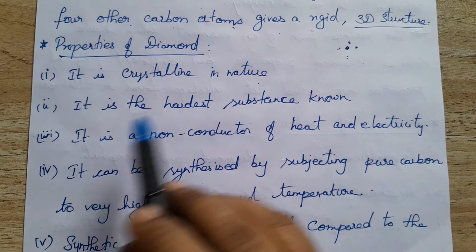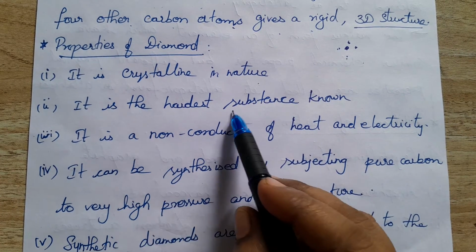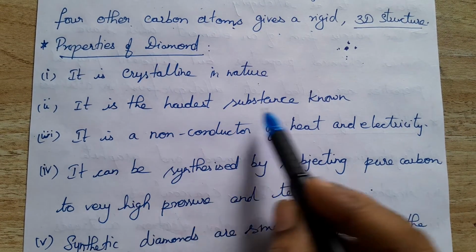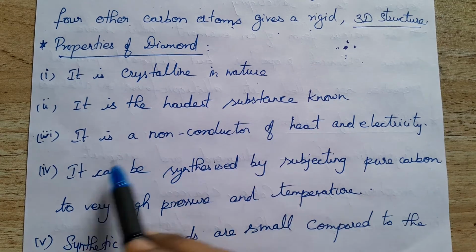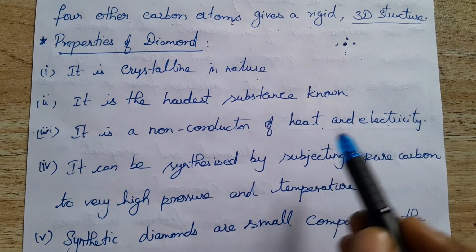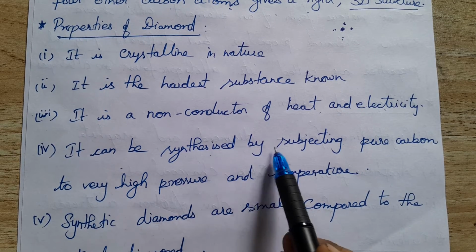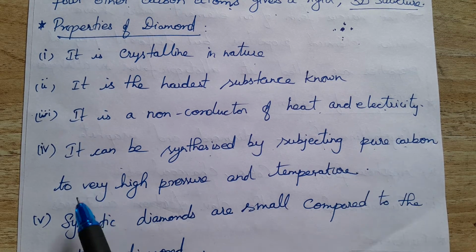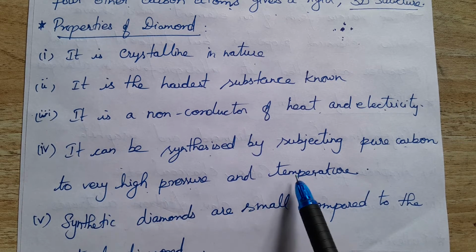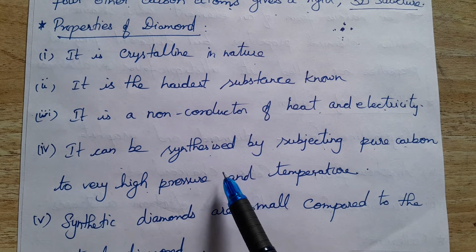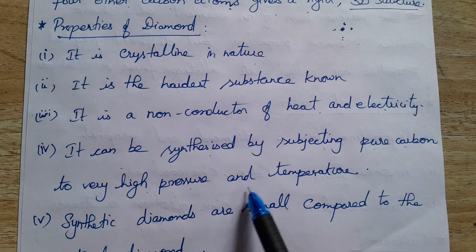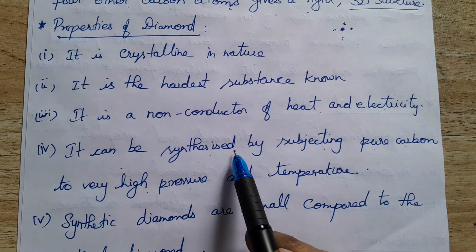So what are the properties of diamond? It is crystalline in nature. We have already seen that. It is the hardest substance known. This is the hardest substance on earth, right? It is a non-conductor of heat and electricity. It can also be synthesized by subjecting pure carbon to very high pressure and temperature. If you put pure carbon under very high pressure and temperature, you will get a synthetic diamond.